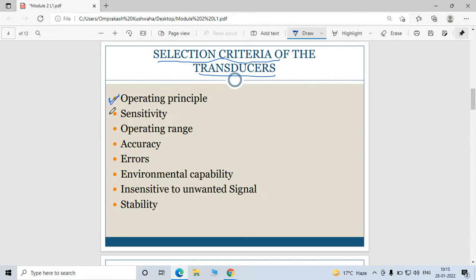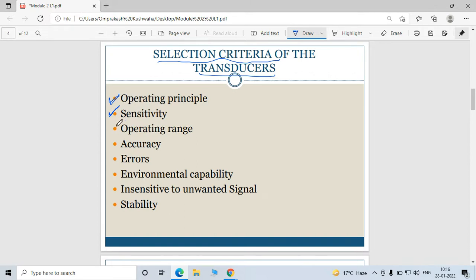Second thing is the sensitivity of the meter. I already explained what sensitivity is. For any measuring instrument, sensitivity is a supporting characteristic of a good instrument, and it must be as high as possible.